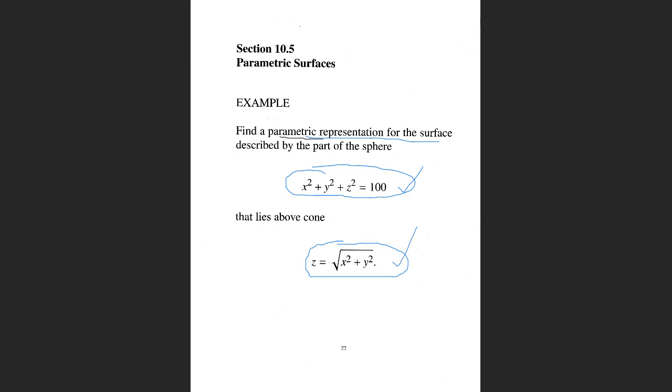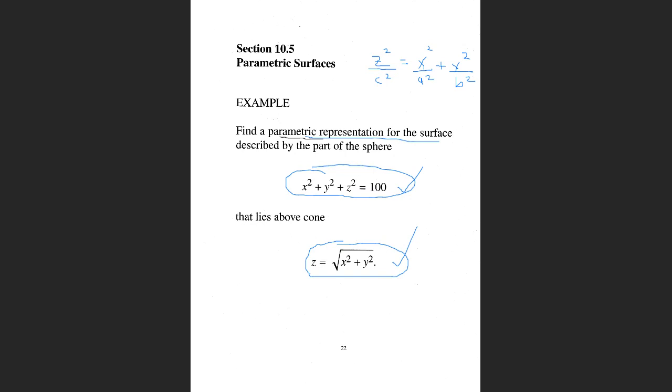Okay, so the standard form of a cone, if you look back, this was section 9.6, is z squared over c squared equals x squared over a squared plus y squared over b squared.